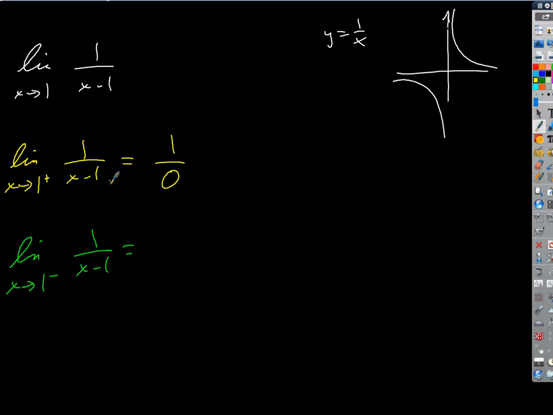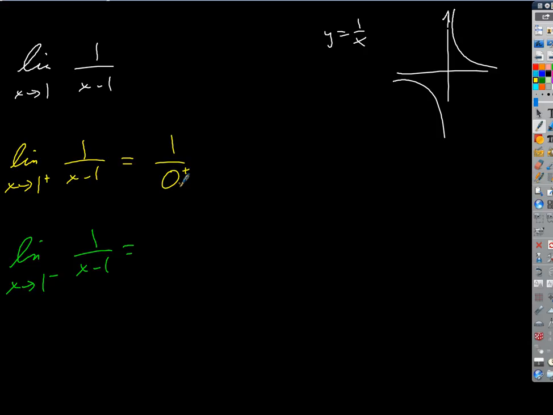The way I always notate that is I'm going to put a plus up there, which is real similar to our limit notation. So that means I've got 1 over a small positive number. Well, what's 1 over a small positive number? 1 over a small number is explosive, right? That approaches infinity.